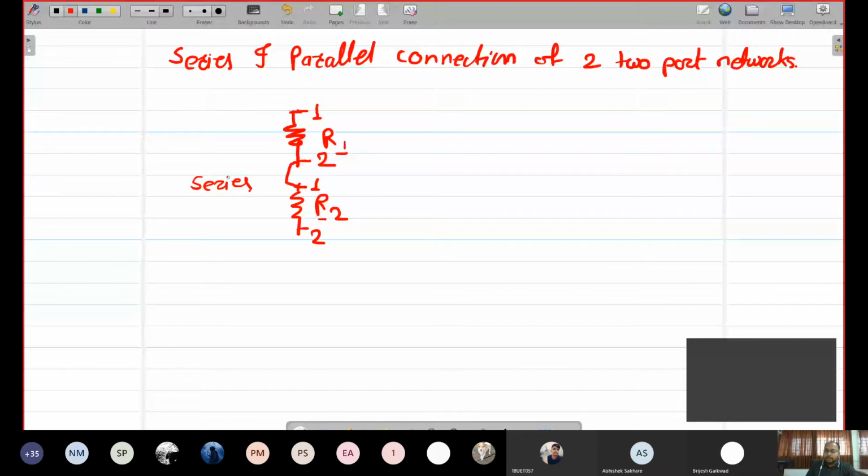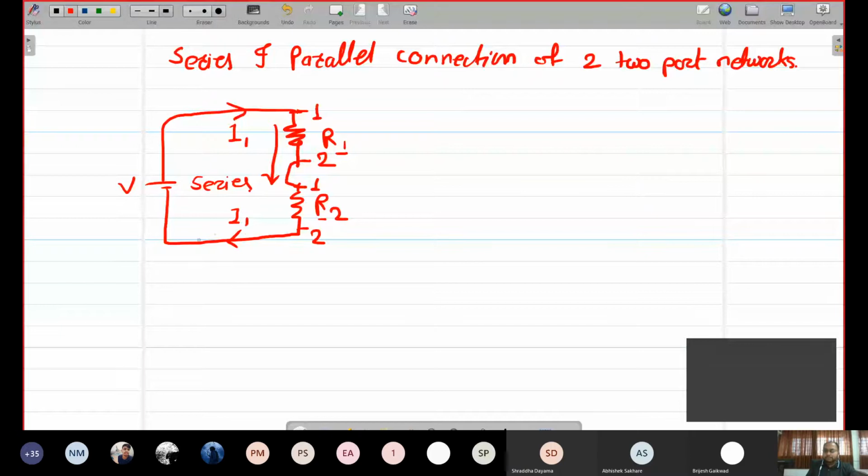Okay, so if I apply the supply to this, the amount of current that is entering the two series resistors, will it be the same or different? It will be the same, right? Let us say this is current entering I1, and this is current leaving I1.